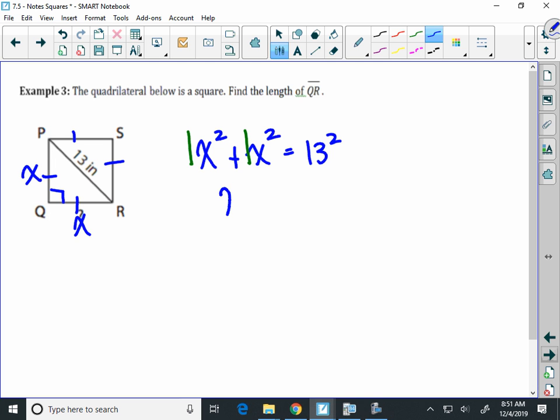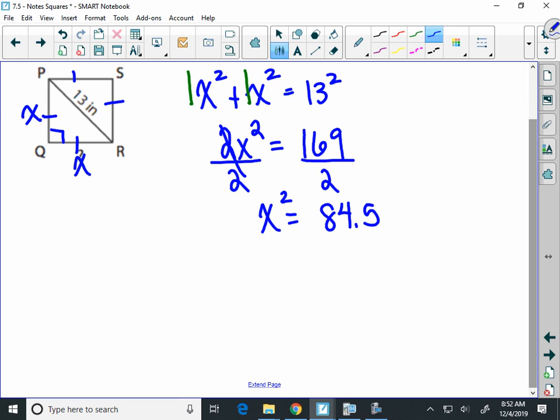And we end up with 2x squared equals 169. Well, we want to figure out what x equals, so let's divide both sides by 2, and we get x squared equals 84.5.